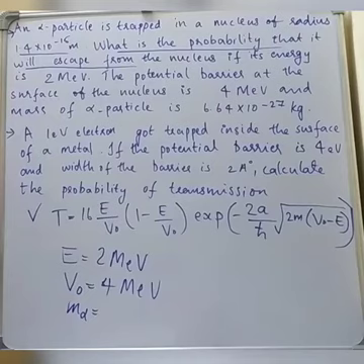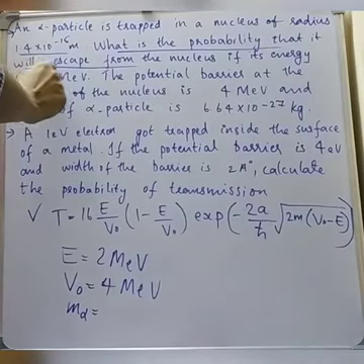In the first problem, it is given that an alpha particle is trapped in a nucleus of radius 1.4 × 10^-15 meter. We have to calculate the probability that it escapes from the nucleus if its energy is 2 MeV.